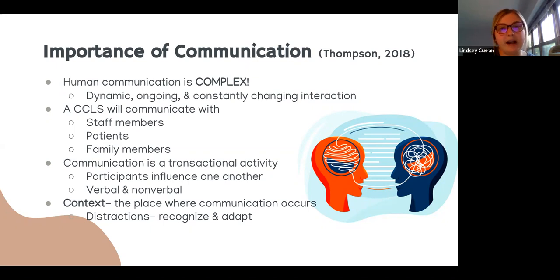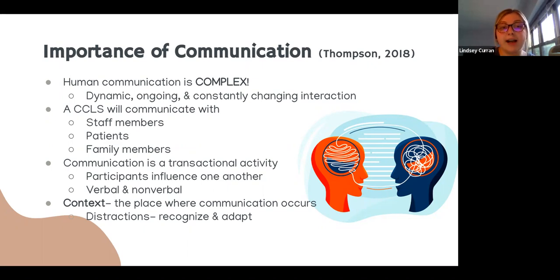I also wanted to point out the importance of context with communication, and context refers to the place where that communication is occurring. Depending on the context, there could be certain levels of distractions, and it's important when communicating to recognize and even adapt to those distractions.